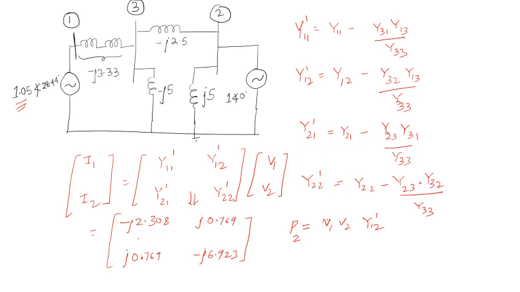Now if you write 1.05 multiplied by 1 into Y12 dash, which is j 0.769, so we'll calculate and you'll get 0.808. So this is my maximum power, how I'm calculating it.